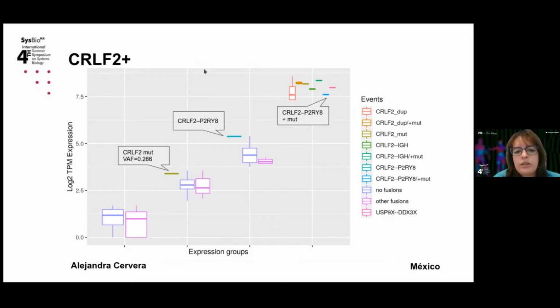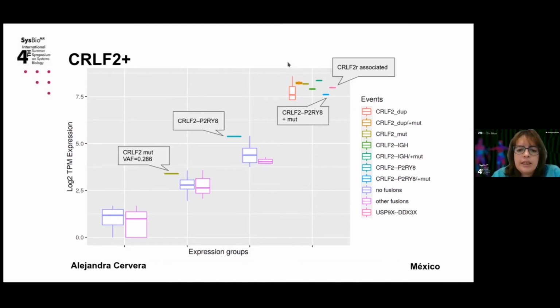And the explanation here for us is that the mutation is actually in low frequency in this patient. So it's not strong enough to drive the expression all the way to the C4 cluster. And finally, this other fusion does not include the CRLF2 gene, but it's a known fusion and it has already been associated with this particular phenotype.